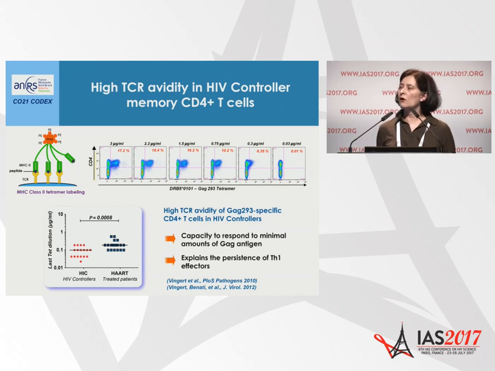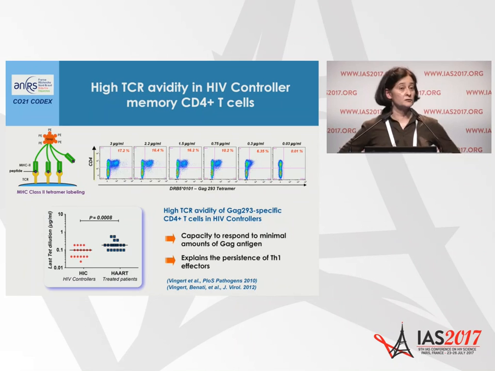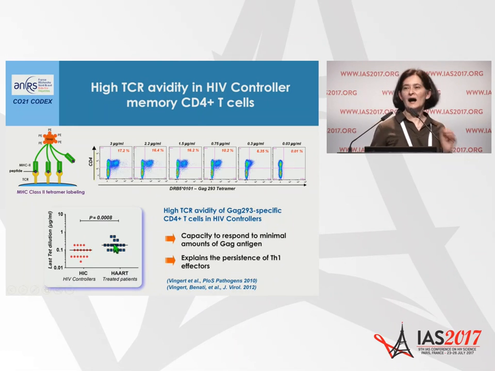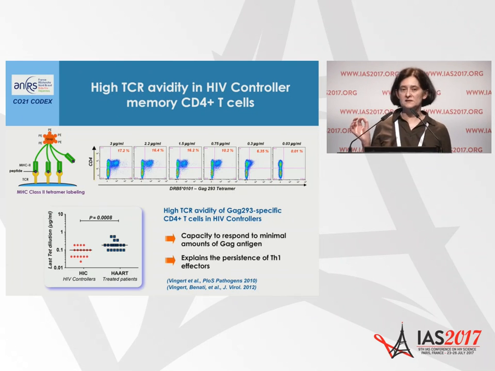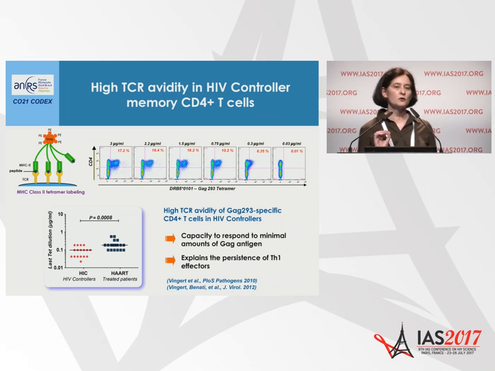And this also has implications for immune reconstitution, because it seems that treated patients have lost these high-quality CD4 T-cells. And if one aims at reconstituting the CD4 T-cell pool, one needs to think not only of the quantity of CD4 T-cells, but also of their quality.